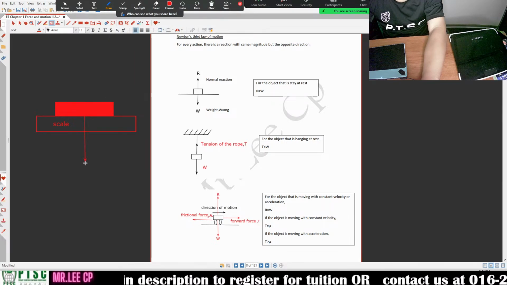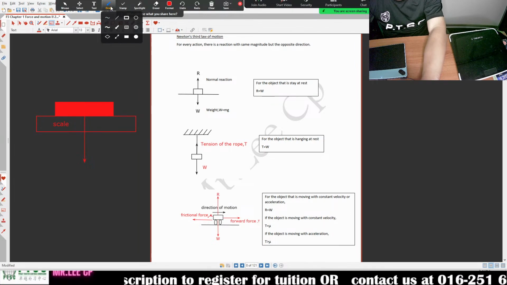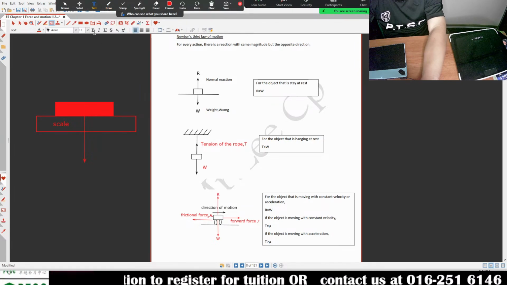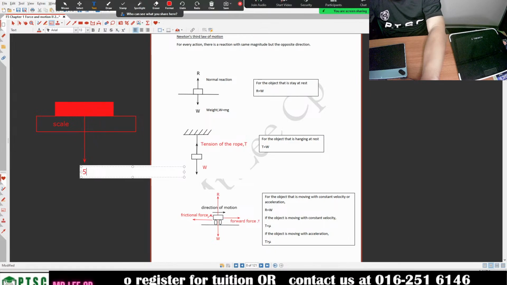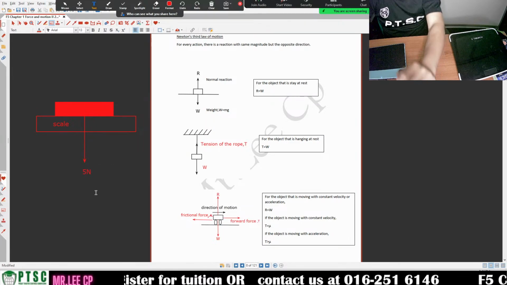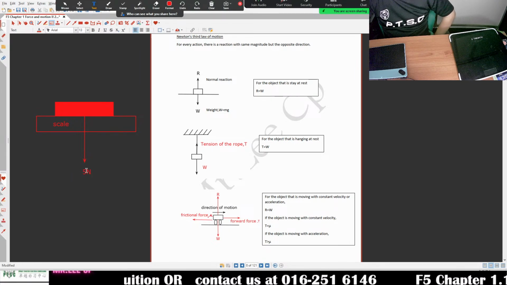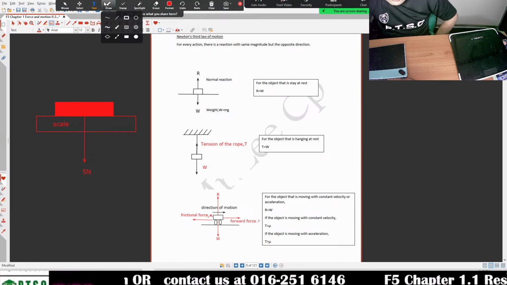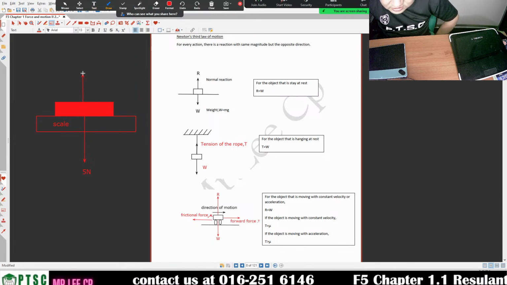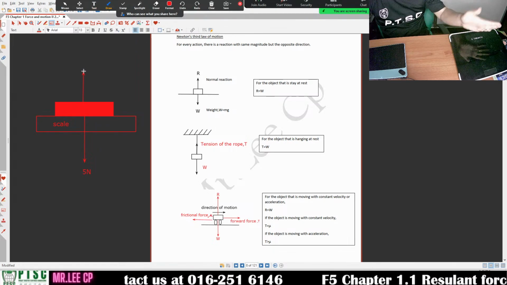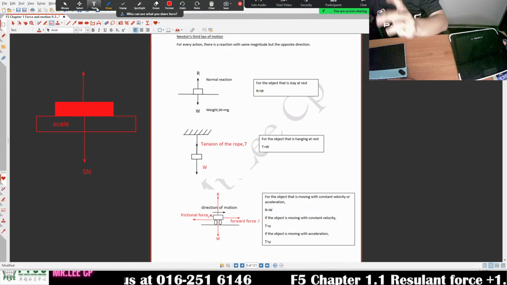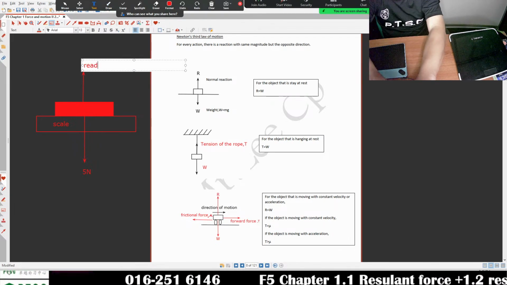So I put it as 0.5 kg or 5 Newton, right? If I don't do anything, what is the weight? 5 Newton. Then what is the reaction? Answer me. I don't do anything, I just press it on the scale. What is the reading of the scale?